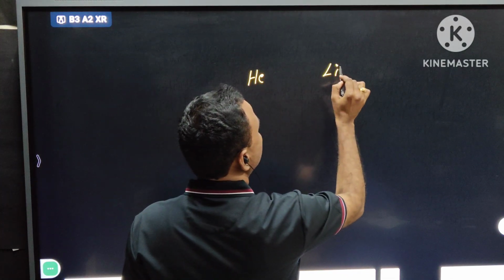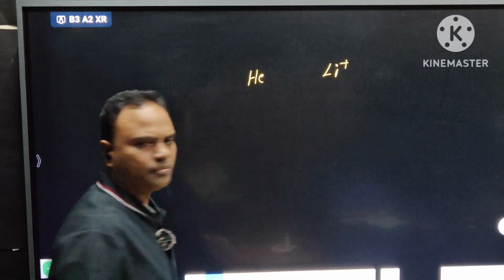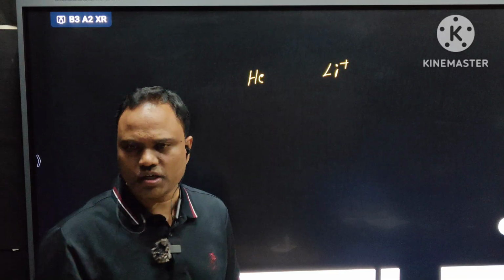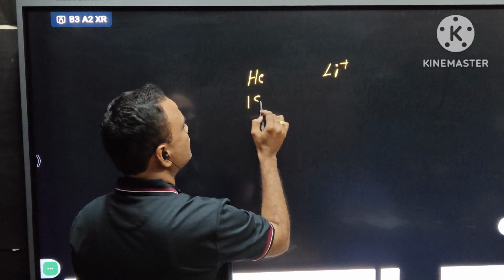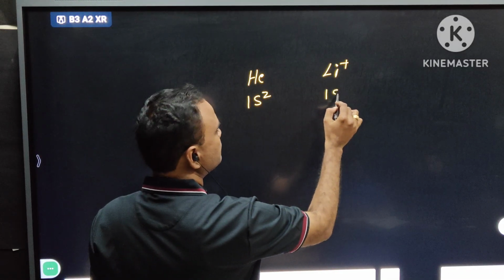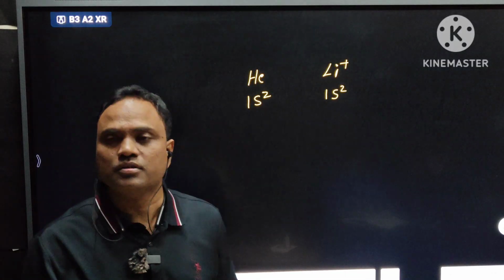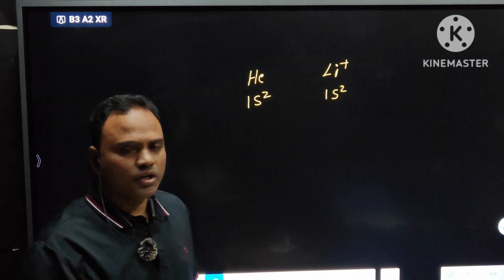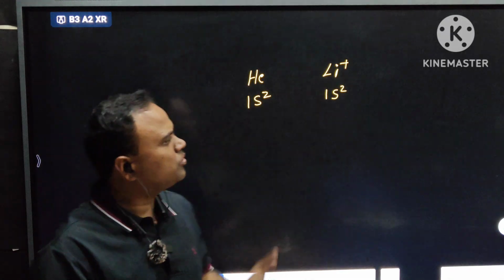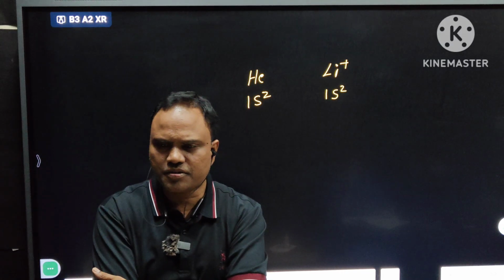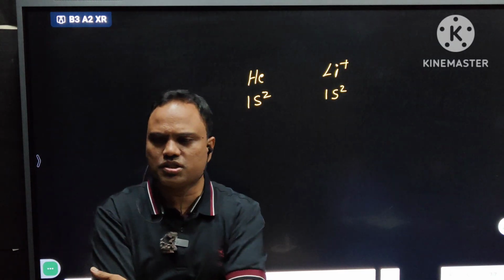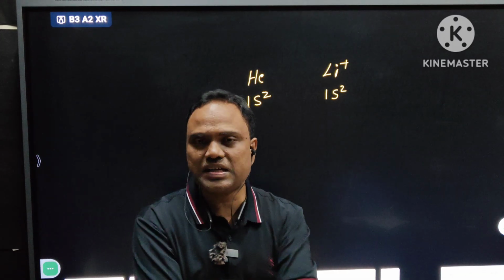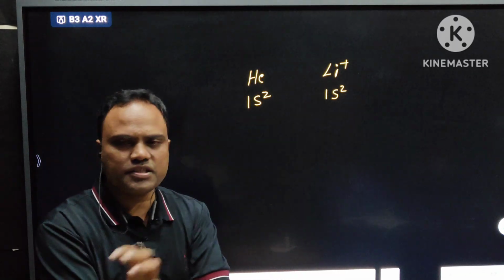Next another example: helium and lithium plus. What is its configuration? This is a different case. Helium 1s2; lithium, remove one electron, 1s2. Both have the same configuration, right? How can we predict the ionization energy? If electronic configurations are the same, then we consider size. Whose size is smaller?